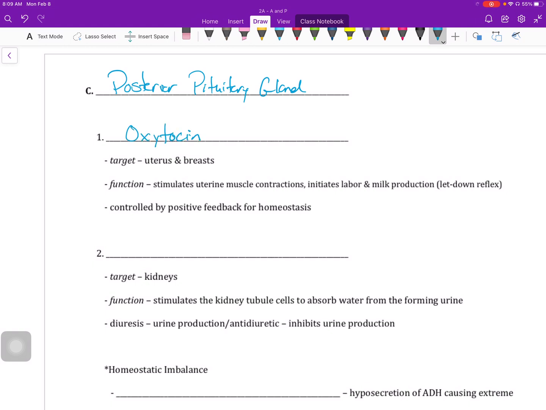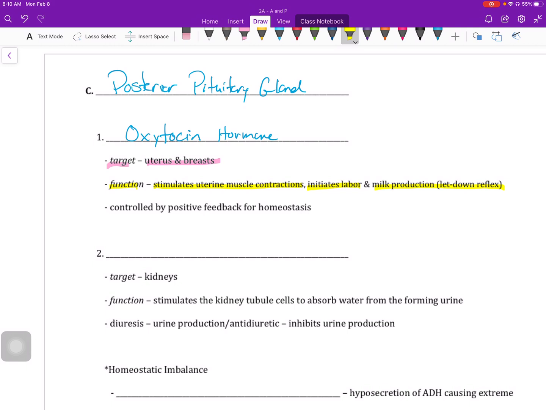We talked about this at the beginning of the year when we were talking about positive and negative feedback. Its target is the uterus and breast. Function: stimulates uterine muscle contractions, initiates labor, and the milk production or letdown reflex.